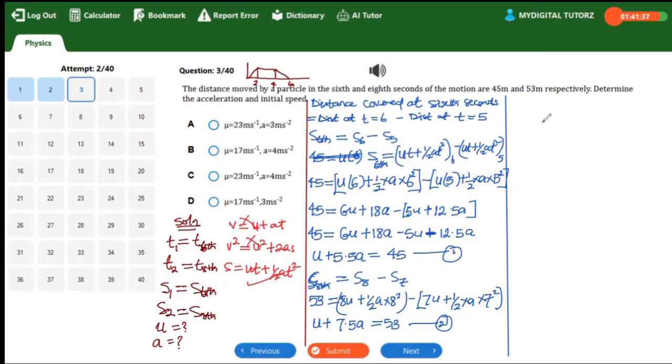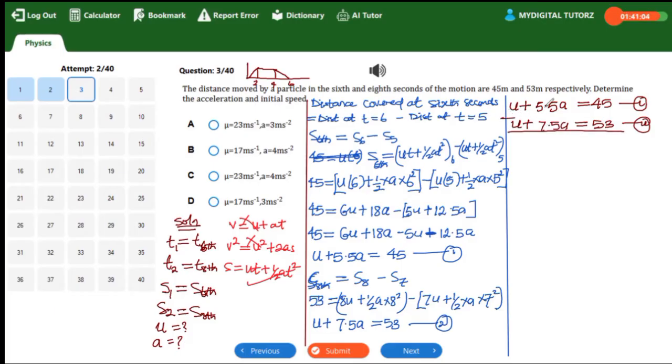So you now have two equations. That is simultaneous equations. We have the first equation to be U plus 5.5A equal to 45. That is equation 1. And equation 2 is U plus 7.5A equal to 53. Using the elimination method here, you can eliminate this one.